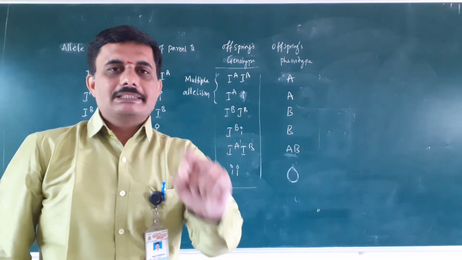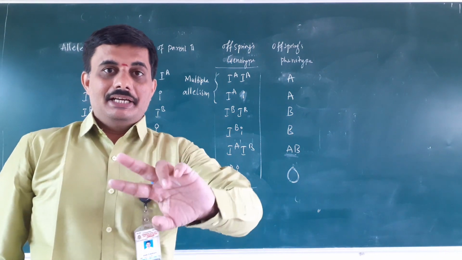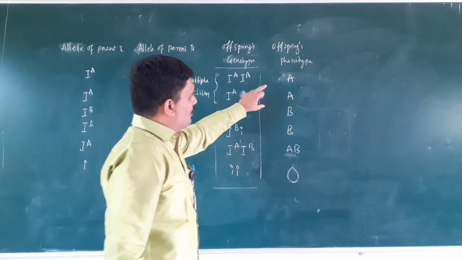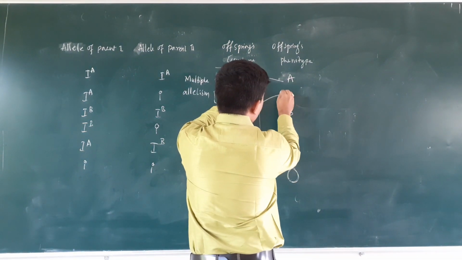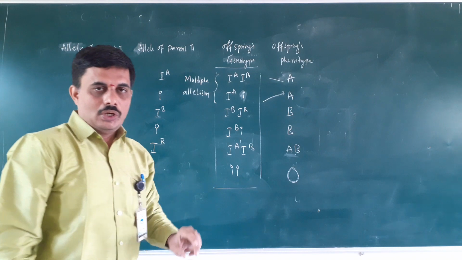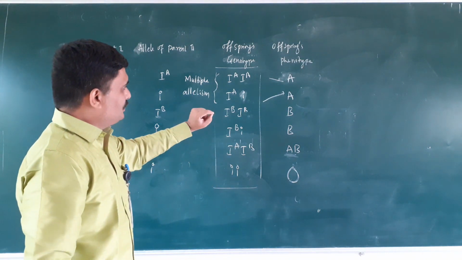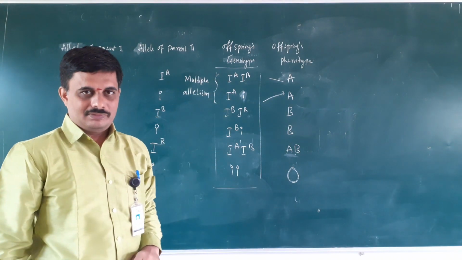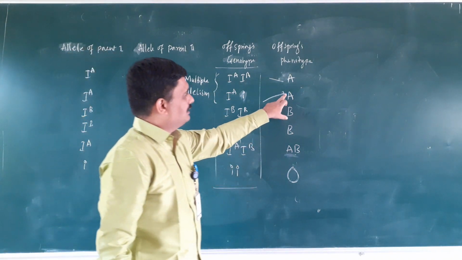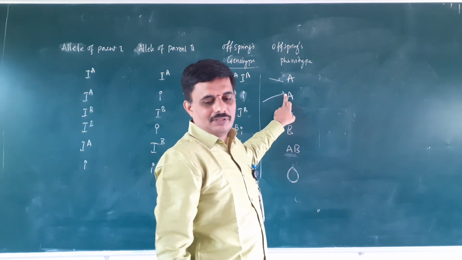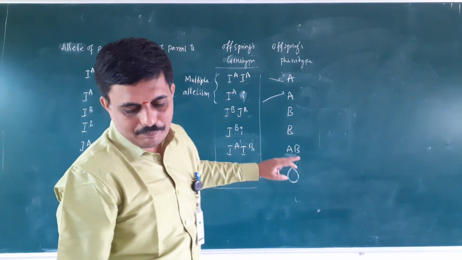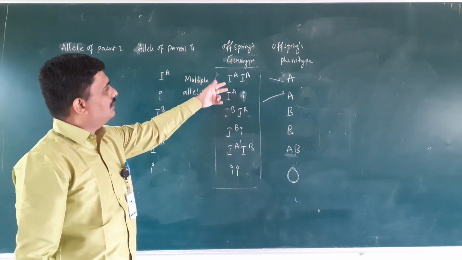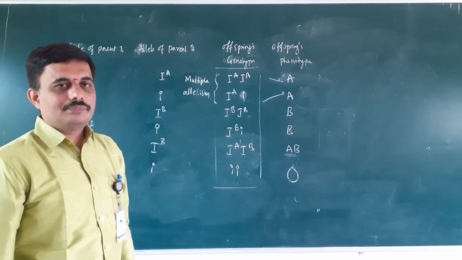The phenomenon of expression of a single character in 2 alternative forms, the homozygous condition and the heterozygous condition, both expressing only one character, that is blood group A. This is called multiple allelism.